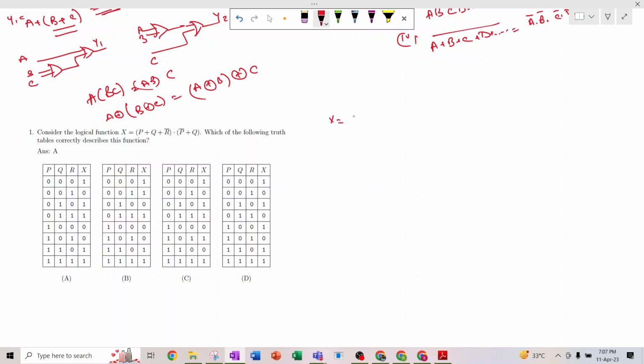X is equal to p plus q plus r bar, multiplied with p bar plus q.